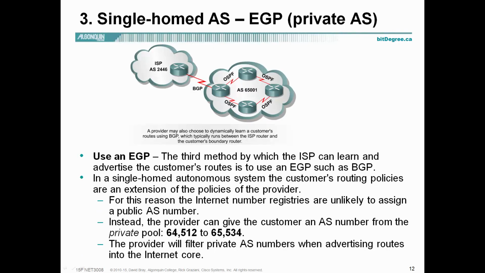The next example is still a single homed AS, but in this example we are using BGP between the provider and the customer network.